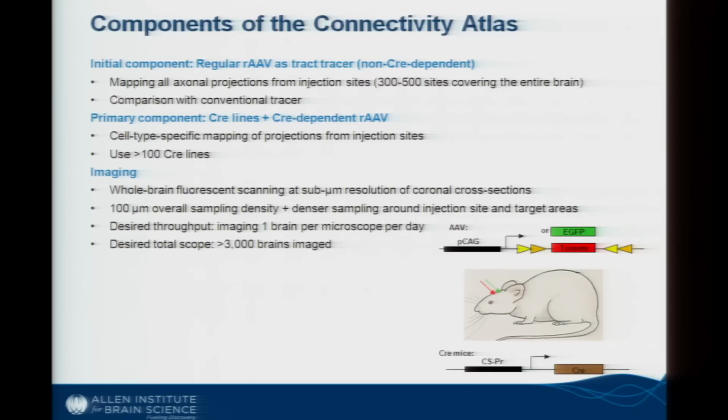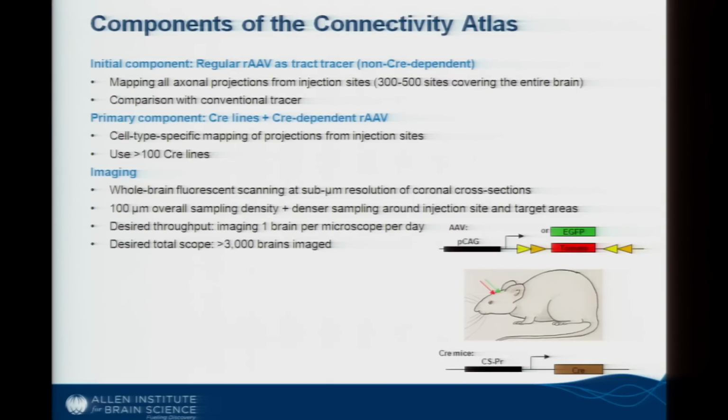The one key issue for this project is to be able to image so many different brains in a high throughput way, while at the same time capturing high resolution information. So the system we have adopted, which Christoph mentioned yesterday, is able to capture fluorescent images at about 0.3 micron resolution in the XY dimension.